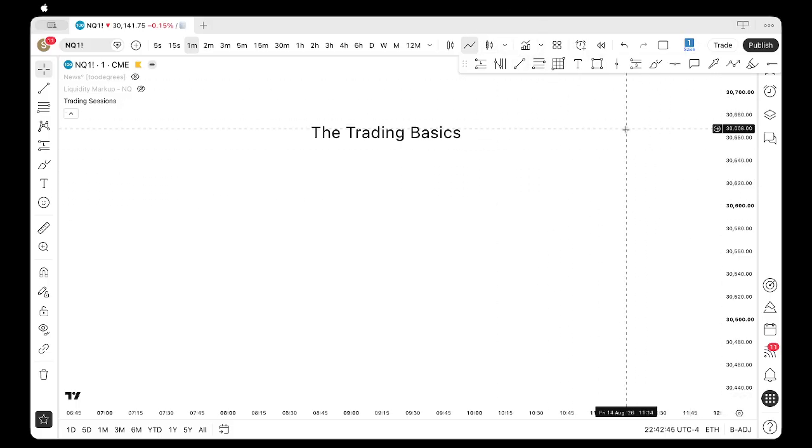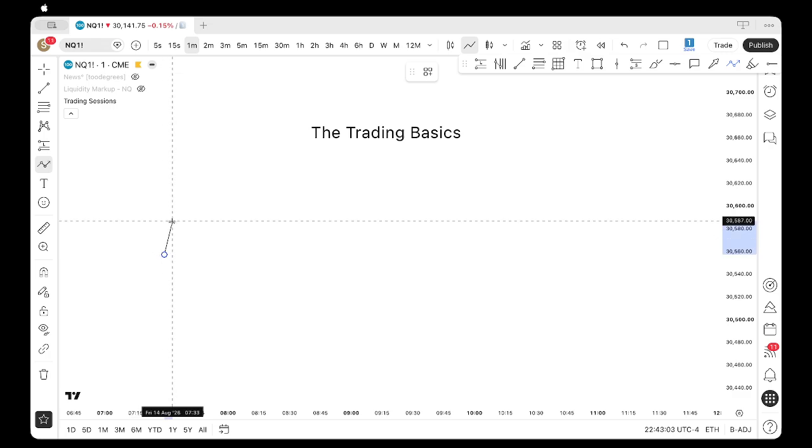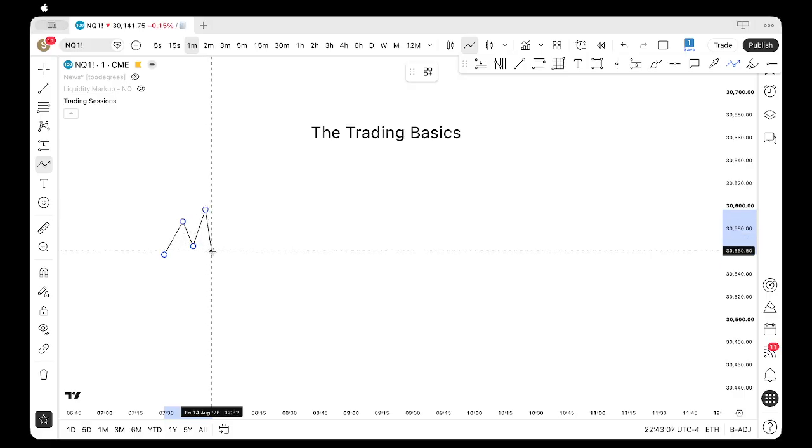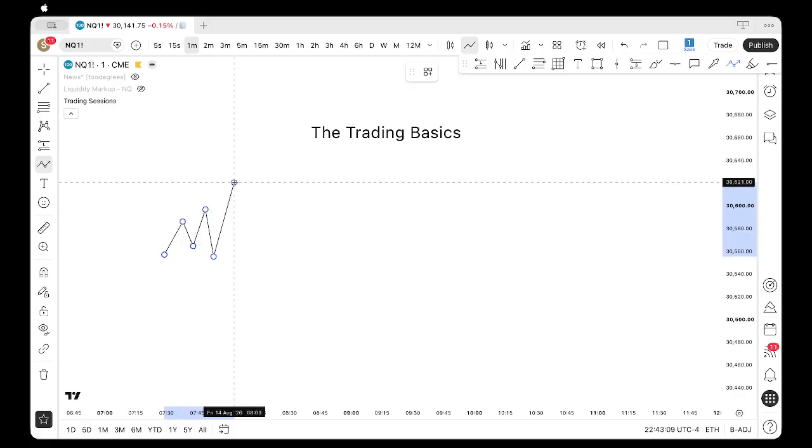All right. We cover liquidity. How do we find liquidity? What is liquidity? It is highs and lows in the market that the market has to take out, whether it's buy or sell orders, in order to generate movement in the market. That's all it really is. So I'll just draw a little example here so we can see it. We're looking for that sweep in order to generate a move.